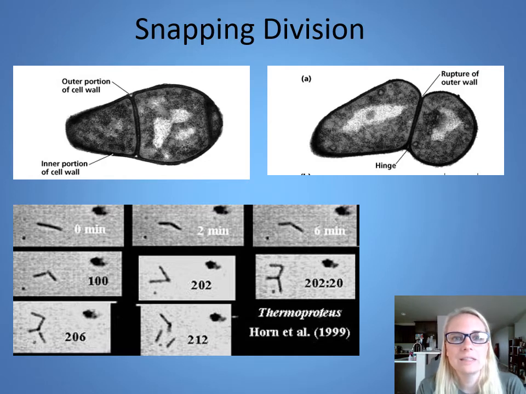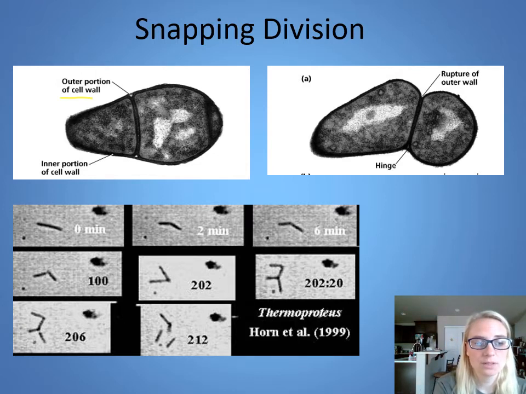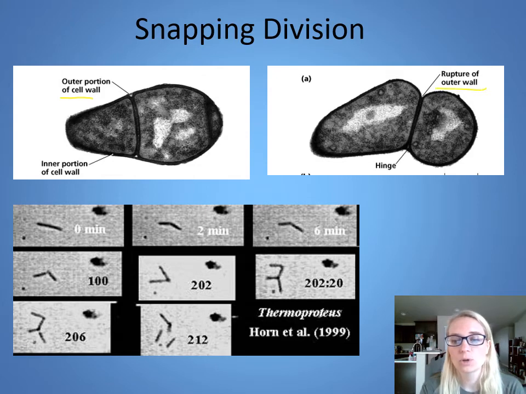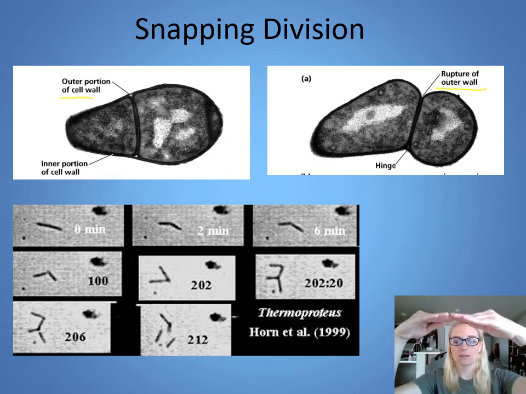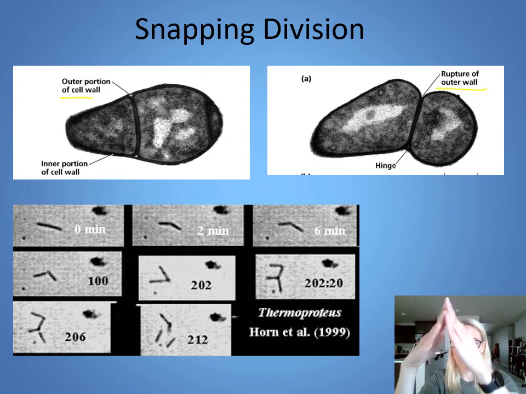In a slightly different version of binary fission, there is a form called snapping division, where it follows all of the same steps, but the characteristic of the bacteria that can do this is they have built up pressure. Here's the outer portion of the cell wall, and once that outer portion ruptures, it goes from this to this. It does a quick snap.